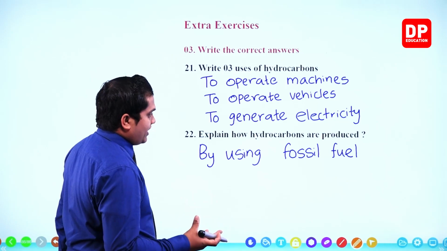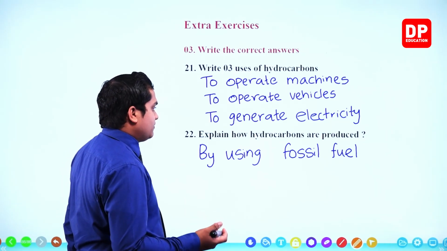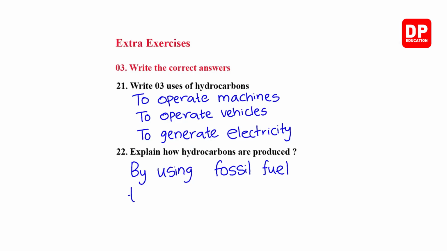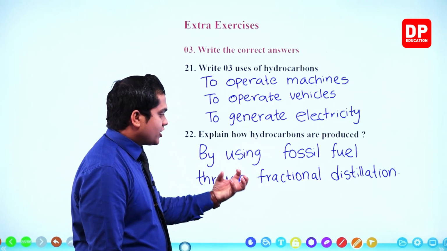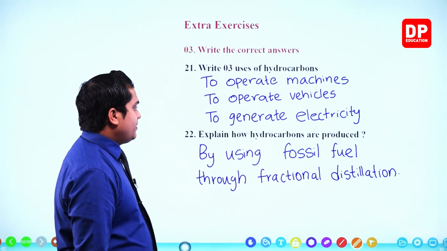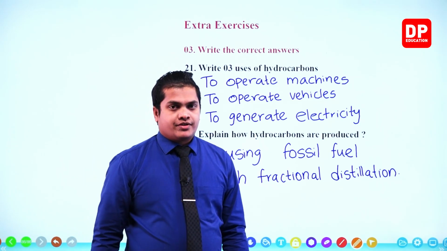So, if you are going to clarify even more, you can write by using fossil fuel through fractional distillation. Through fractional distillation, we can produce hydrocarbons, my dear children.